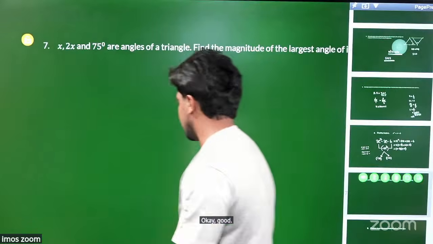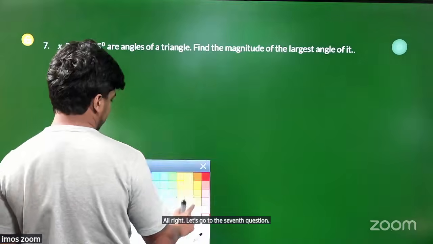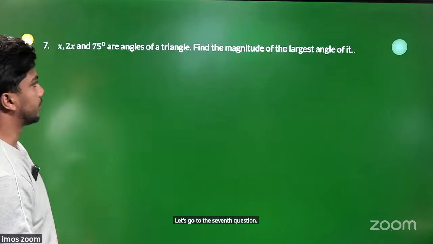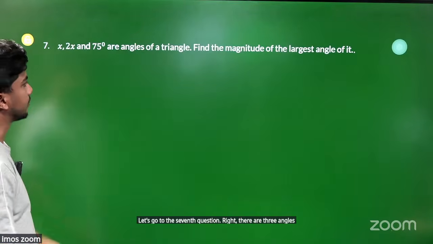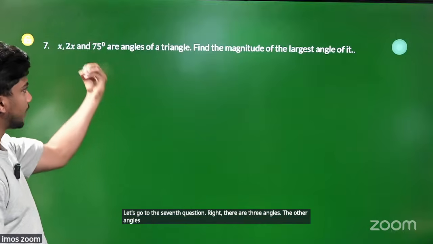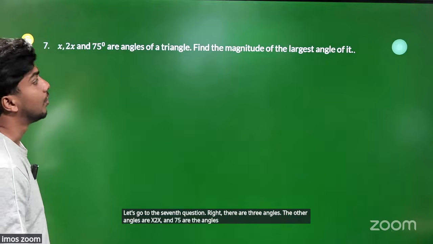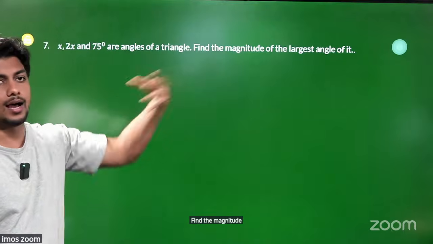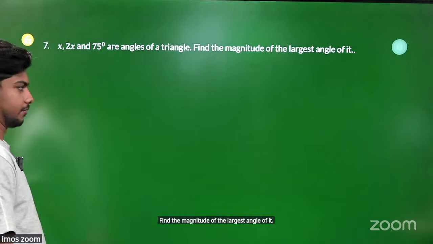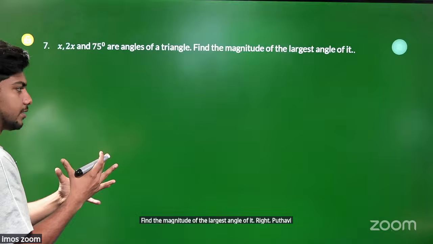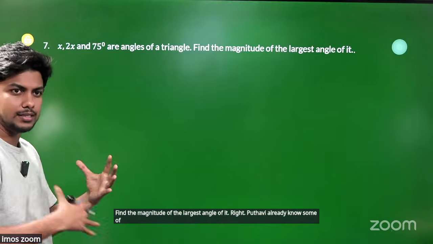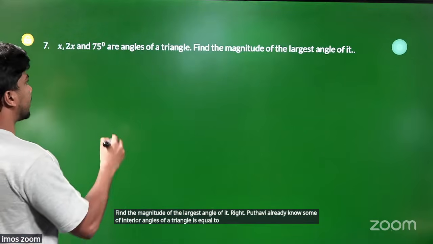Let's go to the seventh question. There are three angles. The angles x, 2x, and 75 are the angles of a triangle. Find the magnitude of the largest angle of it. We already know the sum of interior angles of a triangle is equal to 180.